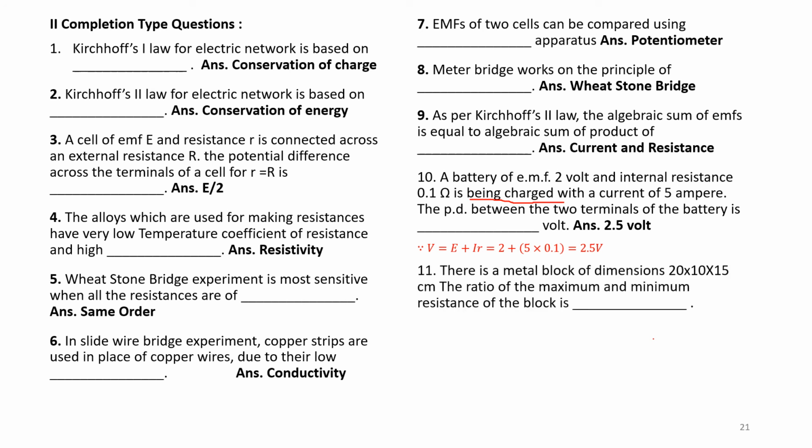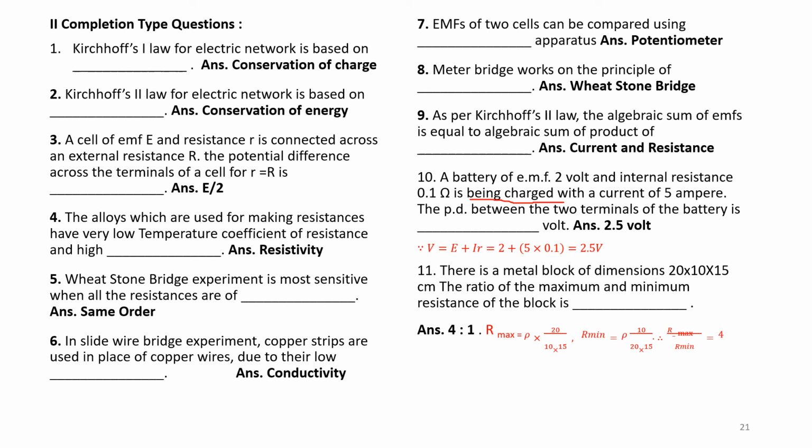Question number 11. There is a metal block of dimensions 20 by 10 by 15 centimeter. The ratio of maximum to minimum resistance of the block is, see, maximum occurs when L is 20 centimeter, and minimum occurs when length is 10 centimeters with the other dimensions. So calculations are given here.